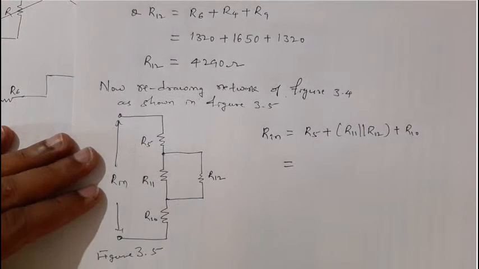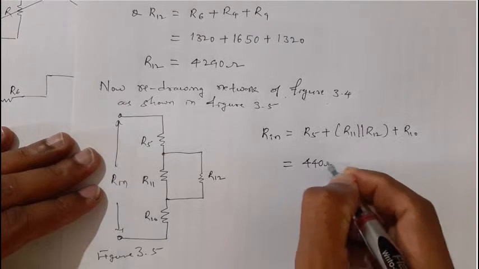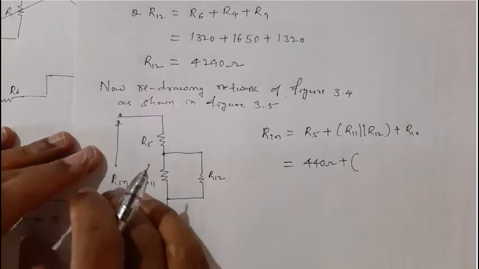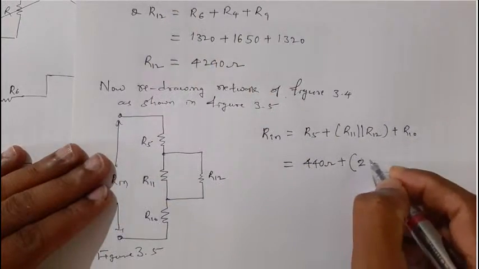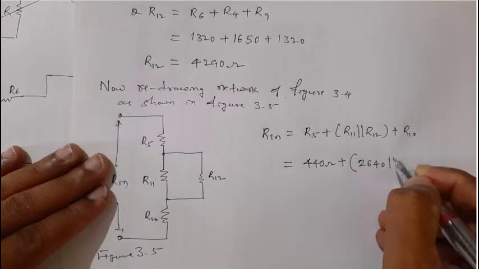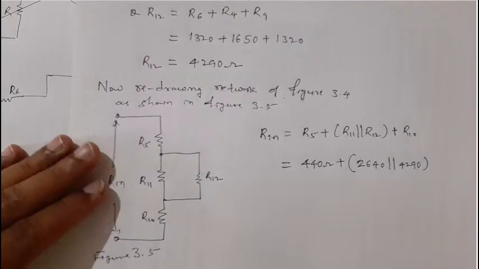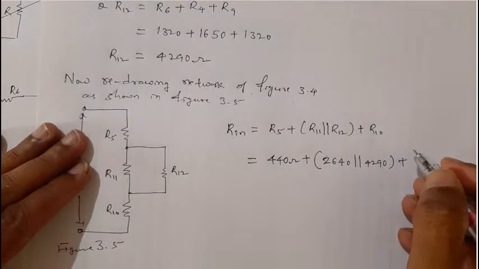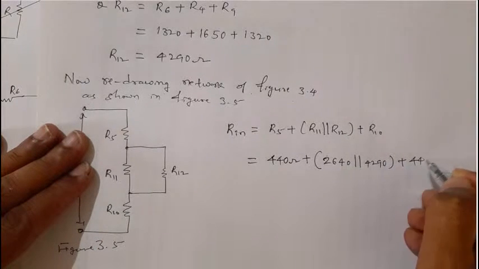Rin is equal to R5, which is 440 ohm, plus R11, which is 2640, parallel with 4290, plus R10, which is 440 ohm.